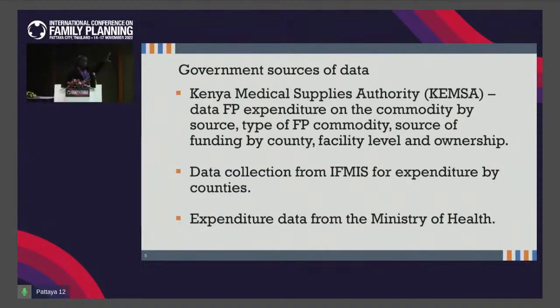In addition to expenditure on commodities by different sources, we also collect expenditure from what we call IFMIS, which is the Integrated Financial Management Information System at the Ministry of Finance. We call it the National Treasury, which has expenditures by the counties. Then in addition, of course, we also get data from the Ministry of Health because we follow the money, and we use different sources to triangulate the data.